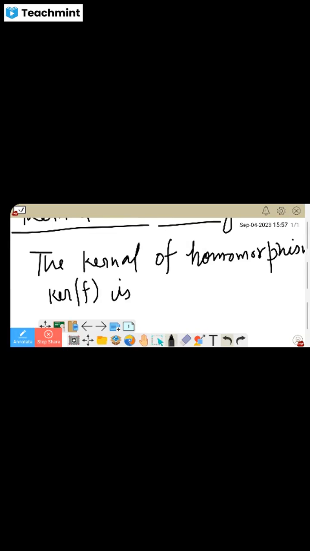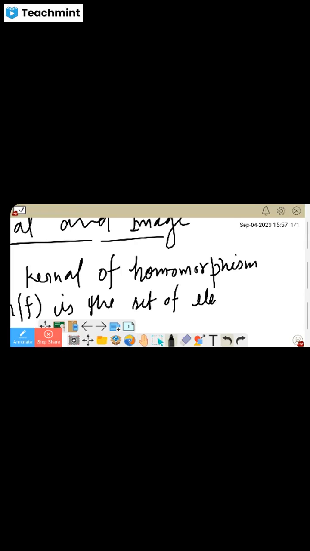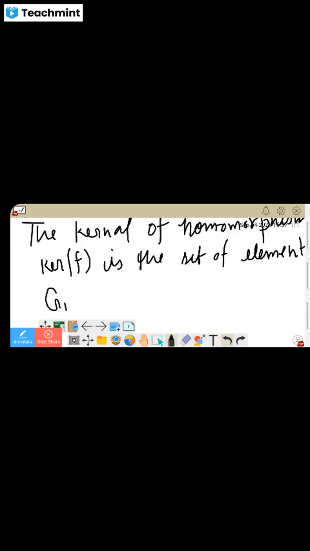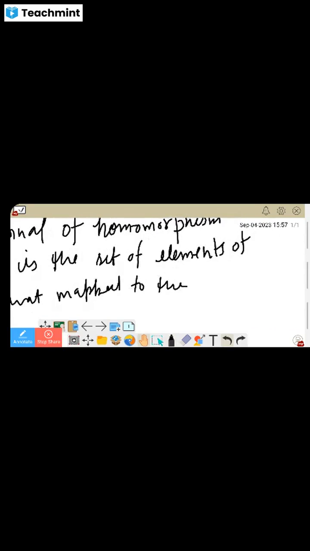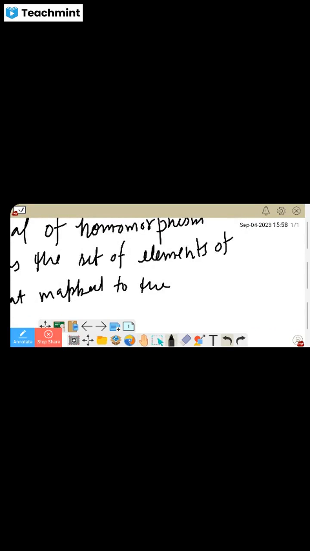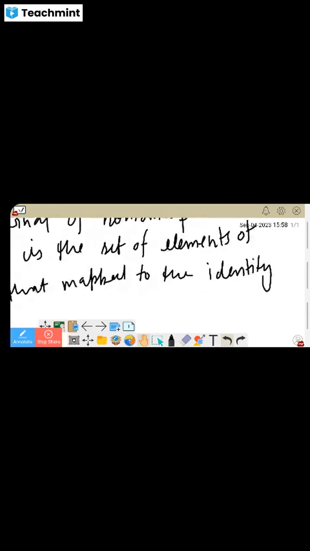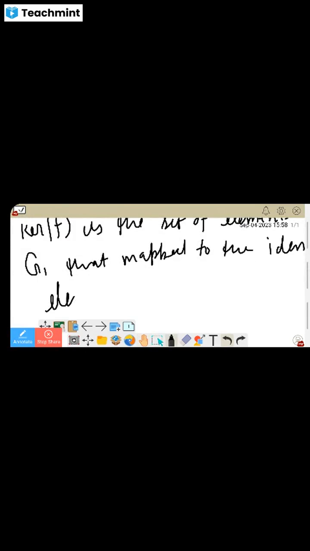It is the set of elements of G1 that are mapped to the identity element of G2.